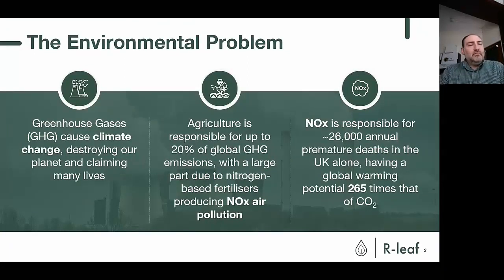So to start with the problem, why RLIF? Why do we develop this? There are the greenhouse gases, which are carbon dioxide, methane, and nitrous oxide, N2O, and these are basically the culprits for global warming.